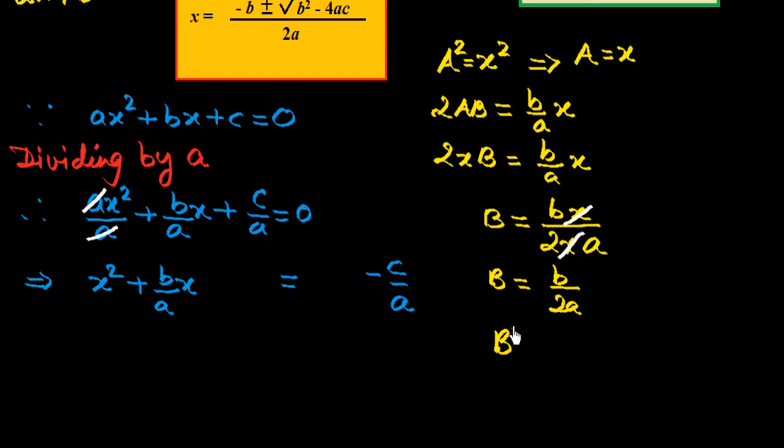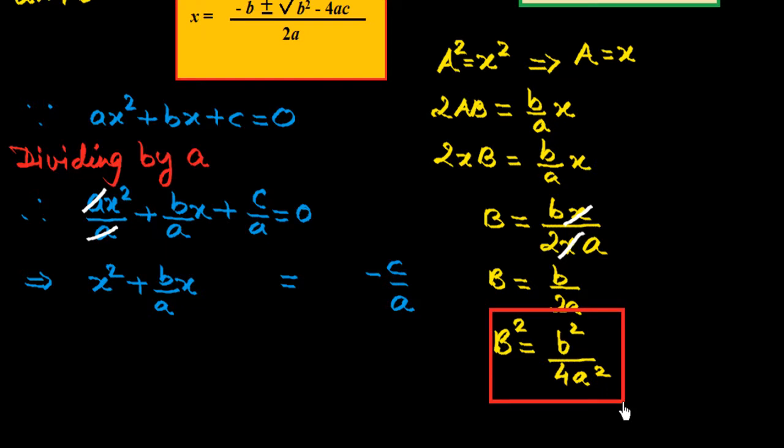Now b square is equal to b square over 4a square.